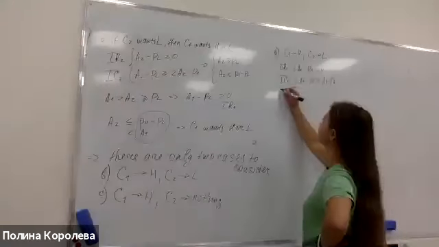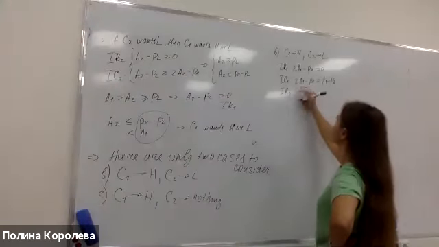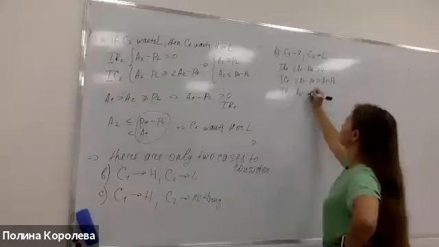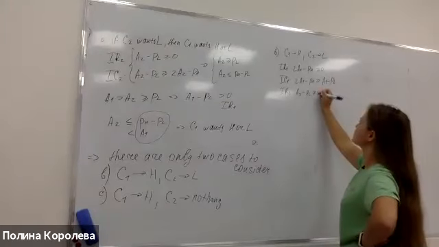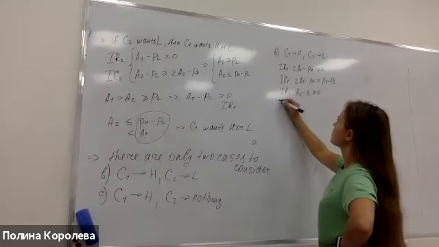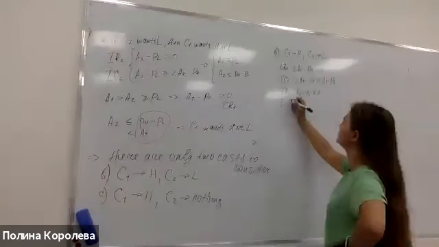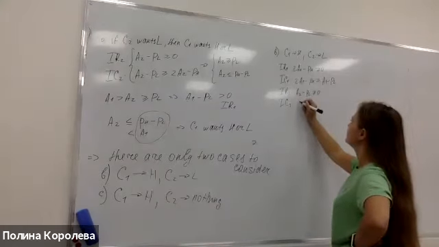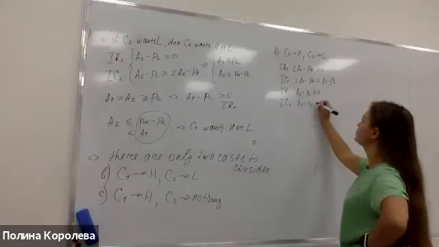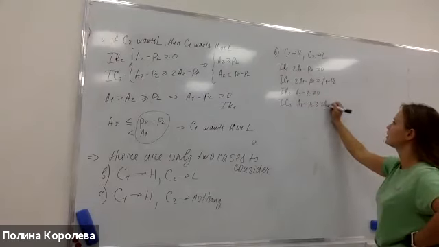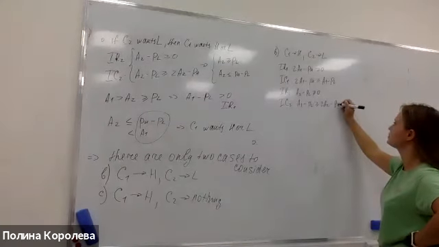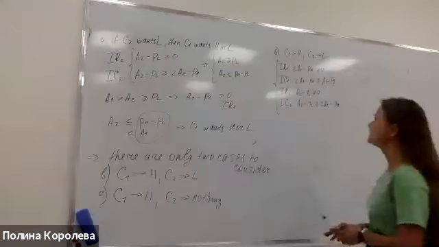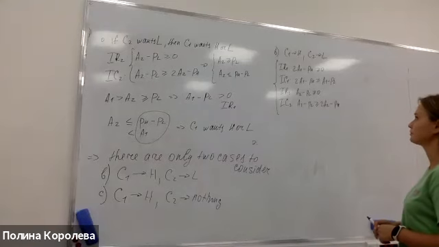For the second consumer, individual rationality. He needs to buy low quality. So A2 minus price of low quality should be greater or equal to 0. And incentives compatibility for the second should be A2 minus price of low quality greater or equal than 2A2 minus price of high quality. So different incentives for different consumers.